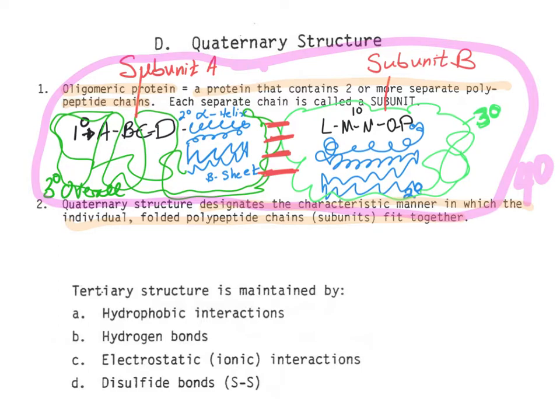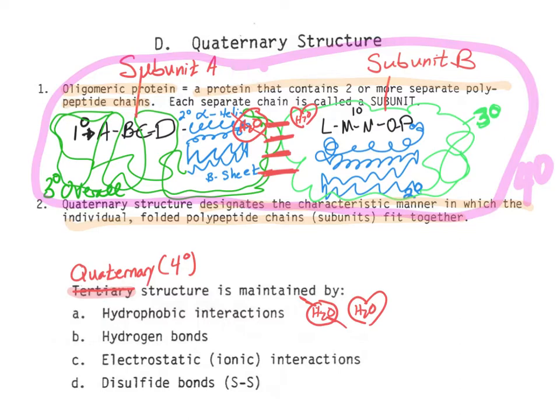Like tertiary structure, quaternary structure is maintained by the four types of interactions. We have the hydrophobic interactions, the loving and hating of water, the hydrogen bonds that are found in secondary structure but throughout the whole protein, electrostatic interactions, those are the ionic interactions we talked about, and of course the covalent bonds known as disulfide bonds.